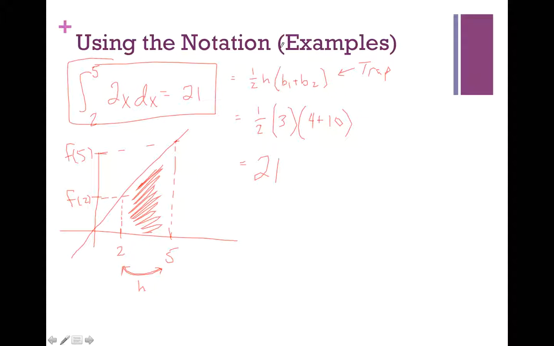We did the triangle. Another shape you might need to remember is the circle. If I was to integrate from -2 to 2 of the square root of 4 minus x squared dx, most of us are going to look at this and go, I have no idea what's going on, only because we forget what this equation is.